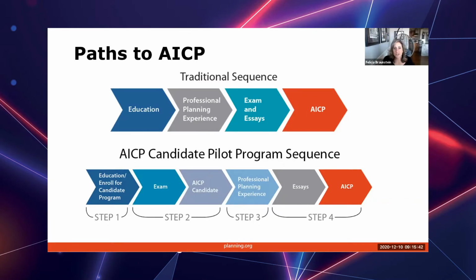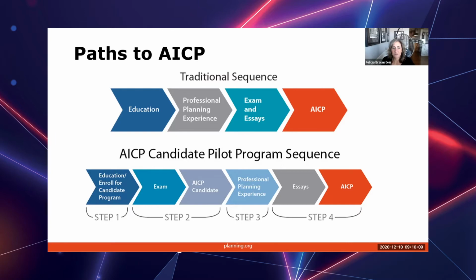The traditional sequence is the long-standing process where people get their education, earn their planning experience, and then successfully pass the exam and become AICP.